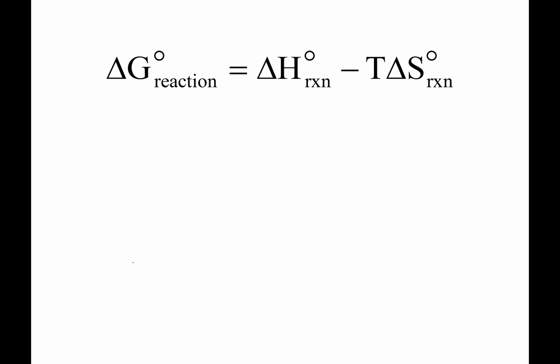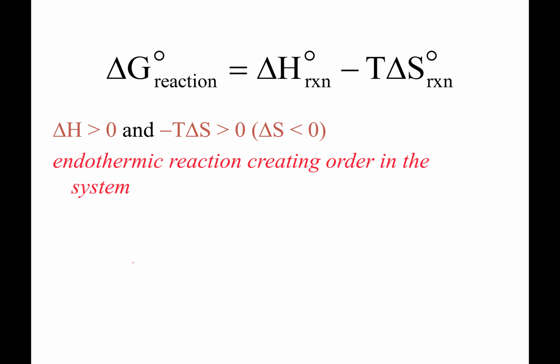This is the last one. This is probably my favorite one. So in this one, we have a positive delta H, which means it's endothermic, and we have a negative delta S, which means it is creating order. So you're like, dude, you basically have both favoring non-spontaneity.